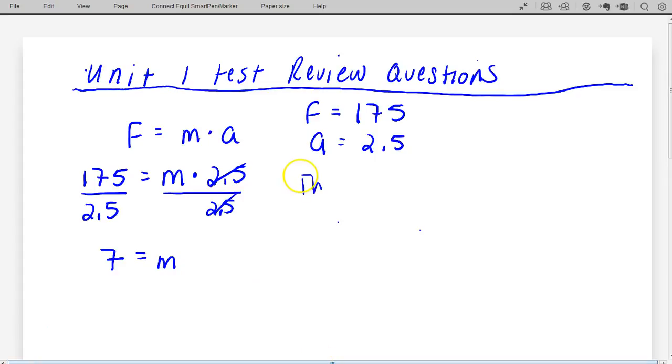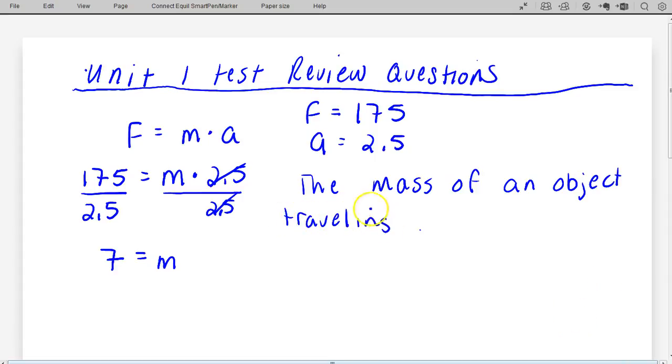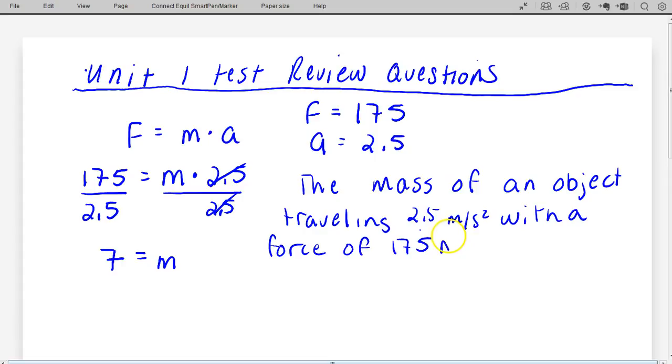So the mass of an object accelerating at 2.5 meters per second squared with a force of 175 newtons is 7. And remember, they didn't give the units for mass there, or which ones they were using.